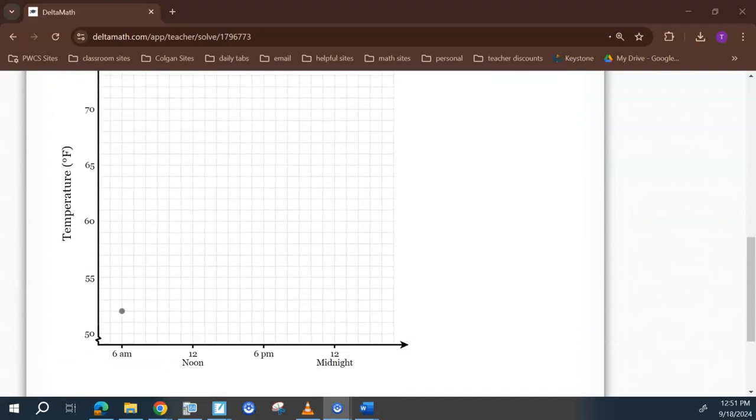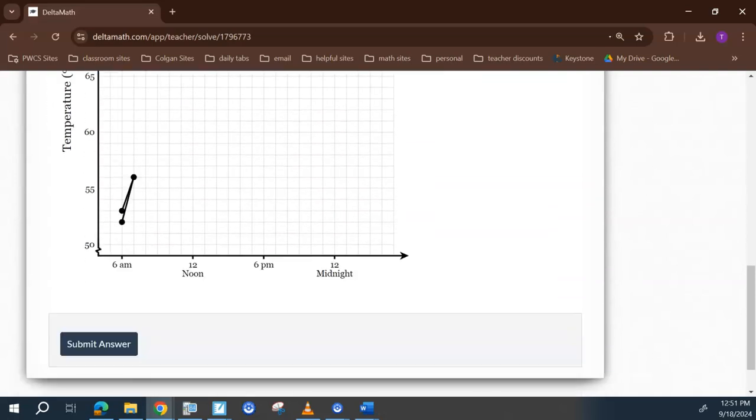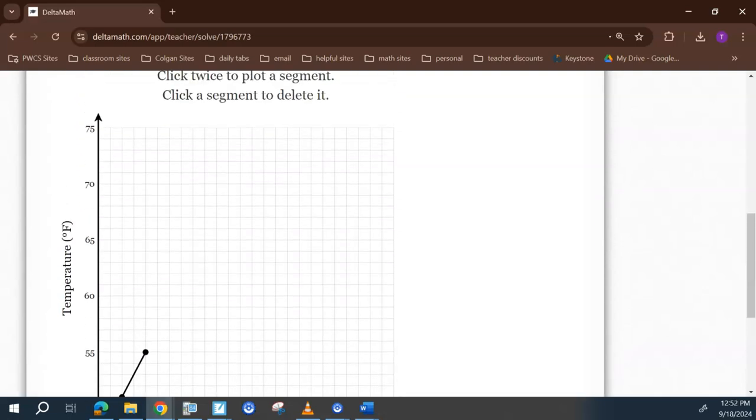So that would be up 2 degrees for 1 hour and up 2 degrees for another hour. Oh, I didn't need to press all of those things. Okay, try again. You can either go to each point or you can just do the end. I found that they both work.